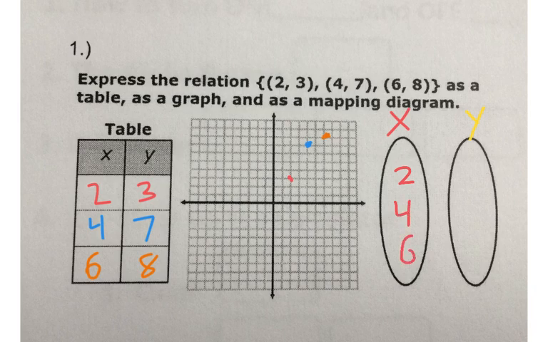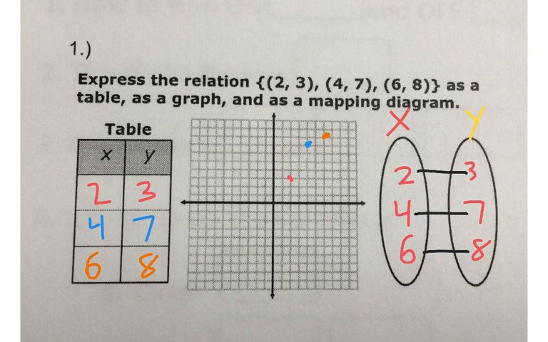And then same for the y. So put those in order. They go 3 to 7 to 8. And then you draw lines connecting which one goes where. So this one just works out that they're all straight across. But they don't have to always be straight across. Remember that drawing we looked at earlier? What's important is I want them in numerical order.